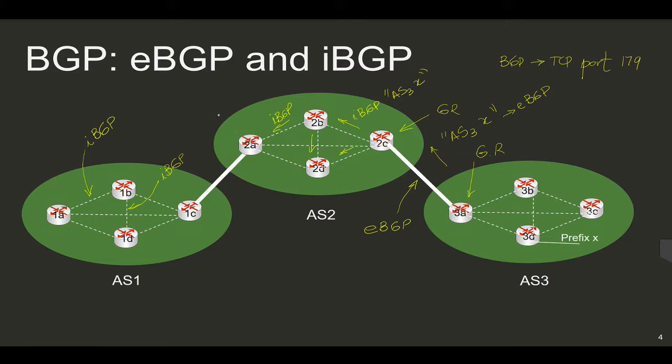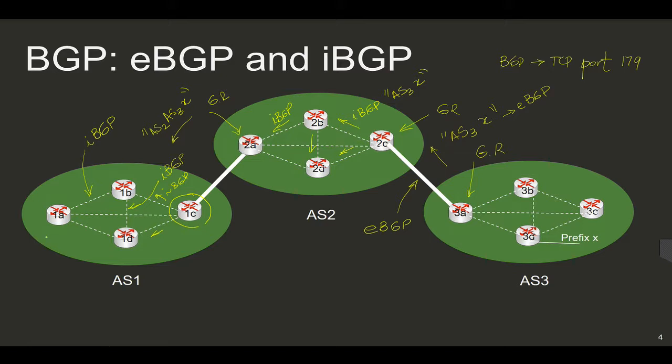This gateway router, 2A, is going to propagate a message that says that X can be reached through autonomous system 2 and then autonomous system 3, and that's going to go using eBGP to router 1C, and router 1C is going to use iBGP to propagate that information.